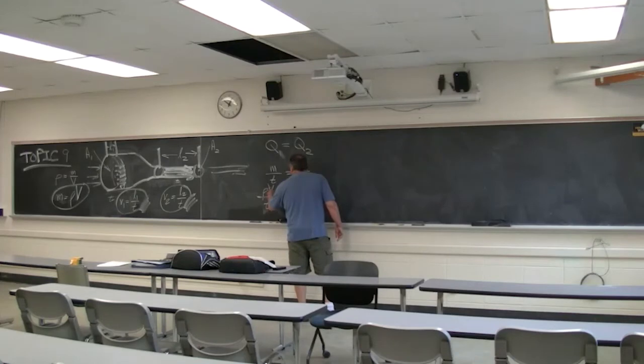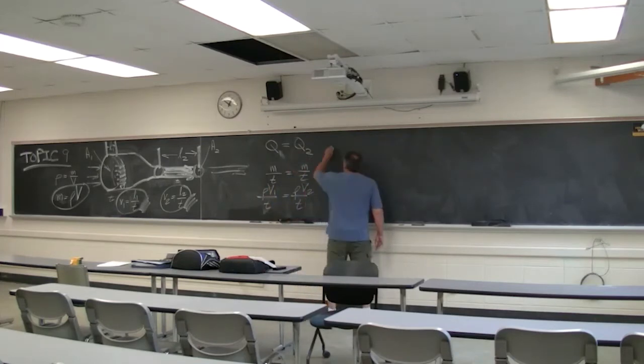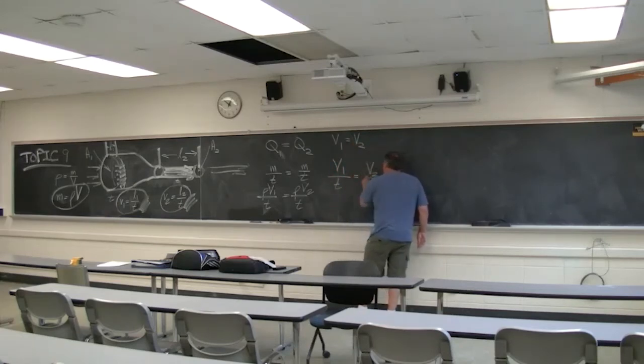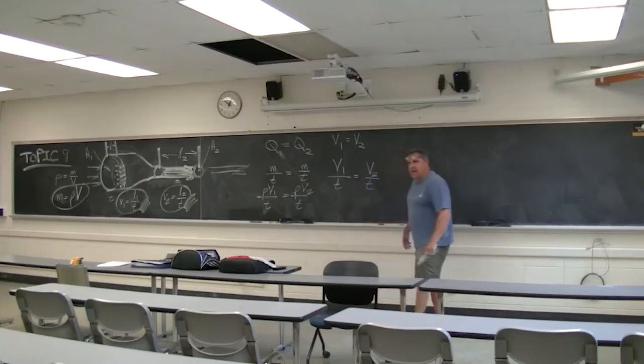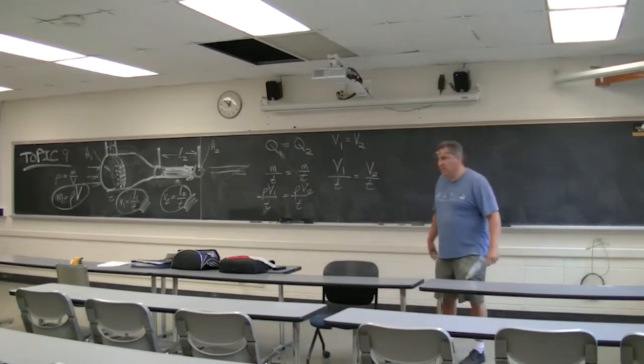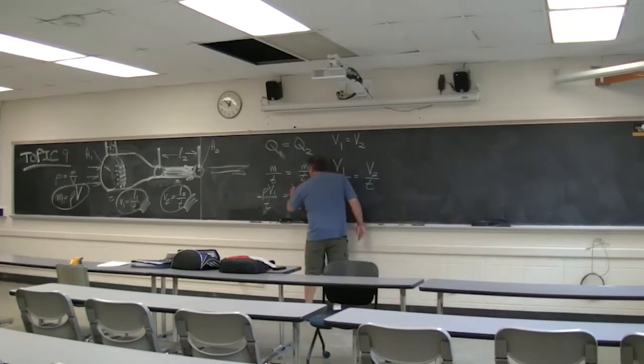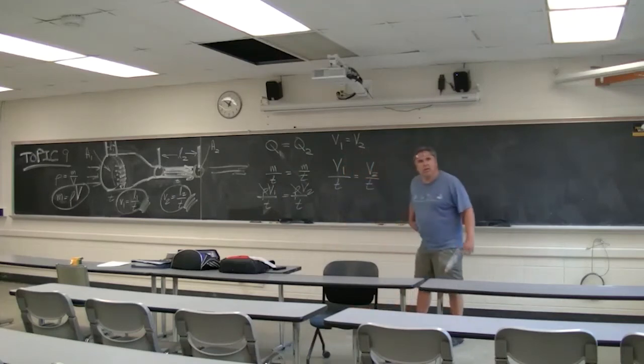This is volume 1. This is volume 2. I already told you the volumes are the same. The volume flow rate is the same. If you divide by rho on each side, you're getting what I'm getting here.